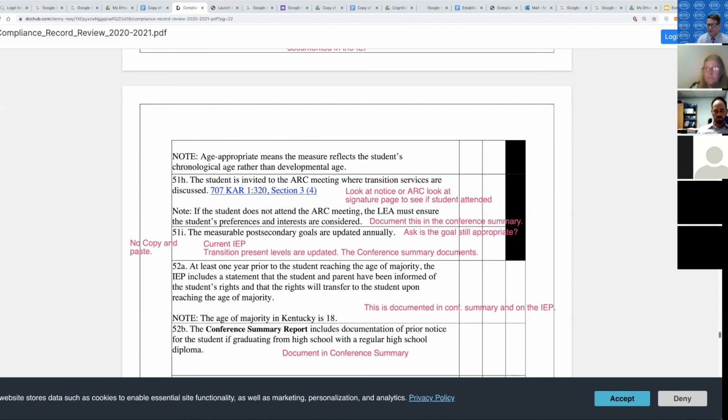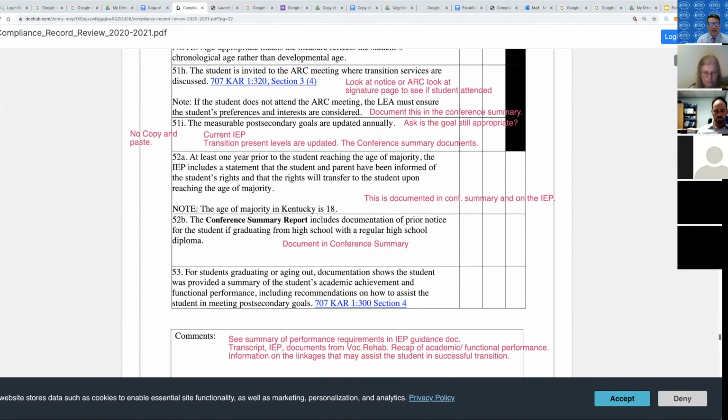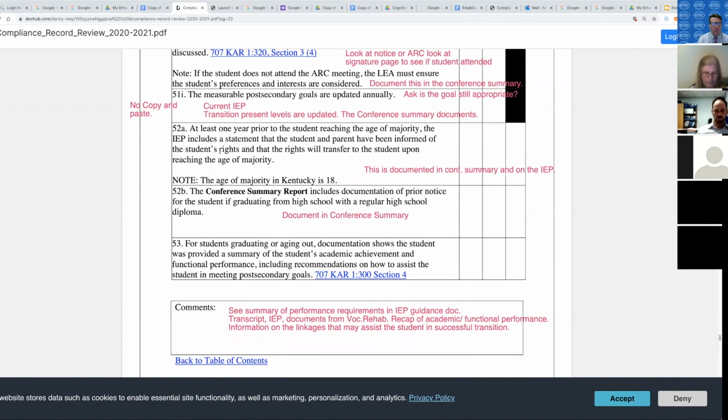All right. 52 A and B kind of go along with some things that you'll find on the IEP. At least 1 year prior to the student reaching the age of majority, which is 18 in Kentucky, the IEP includes a statement that the student and the parent have been informed that the student's rights will transfer to the student unless they need to go into the court and have some litigation in regards to emancipated youth.